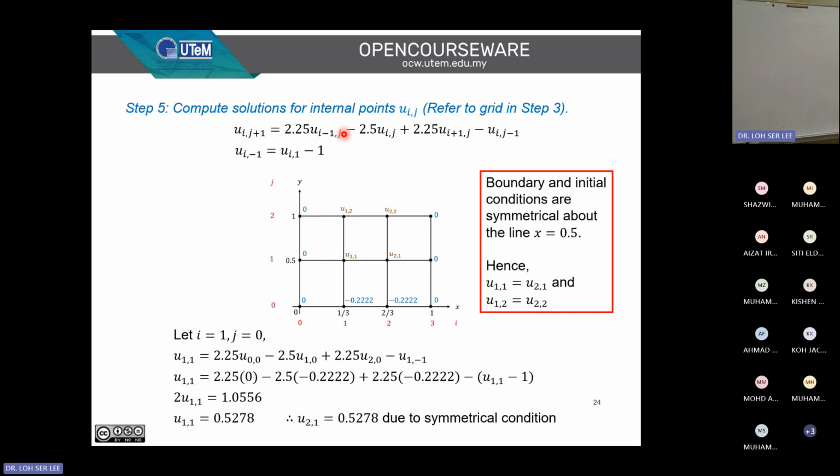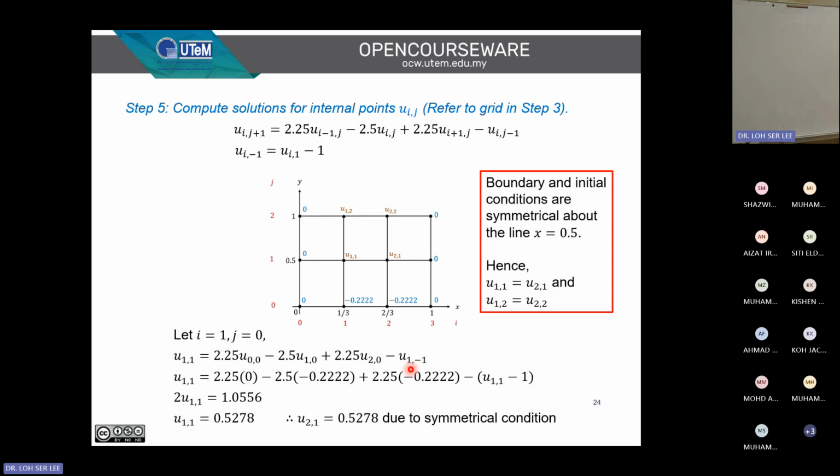When you substitute i and j values, you get this line. Then 1, 2, 3, referring to these 1, 2, 3 values. We are finding this. So the 3 points underneath, the first 3 points. And the last one, this u(i,-1), we will use this formula.